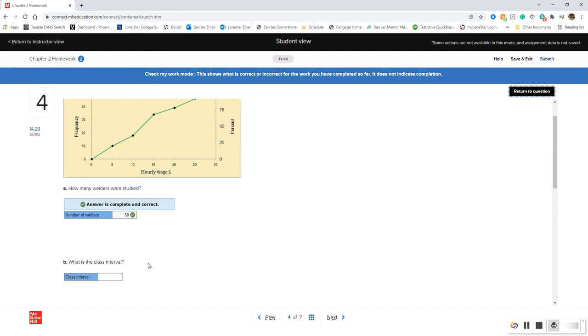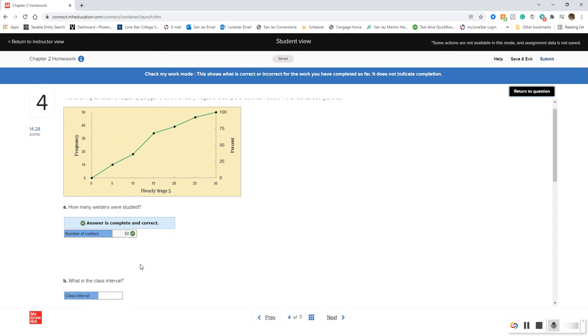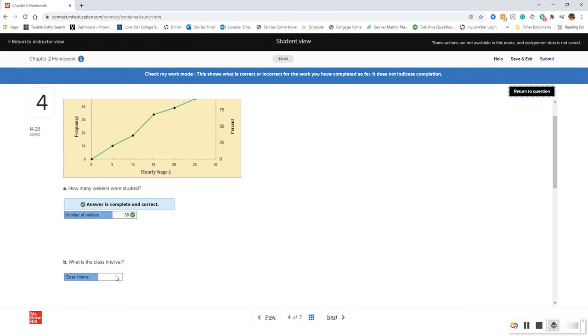What is the class interval? Looks like currently it's sitting at about 5 on hourly wages. So it's either going to be 5 or 10.